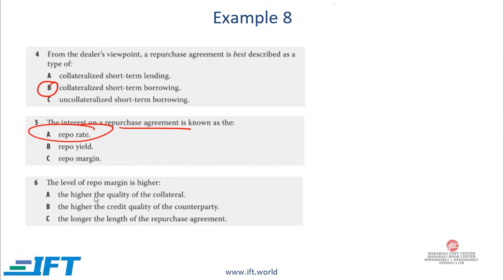Higher quality of collateral. Actually, high quality of collateral causes the repo margin to be lower. Higher credit quality of the counterparty. This also causes the repo margin to be lower. The longer the length of the repurchase agreement, this causes the repo margin to be higher. So the best answer is C.